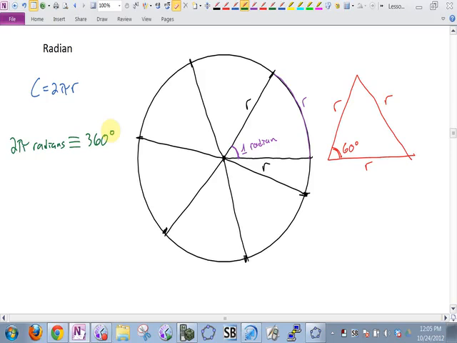Pretty interesting, yeah? So what you're seeing is 6.28, 3.14 doubled. 1, 2, 3, 4, 5, 6.28. That's how many radians there are in a complete rotation.